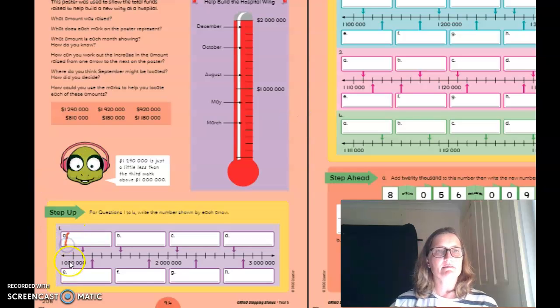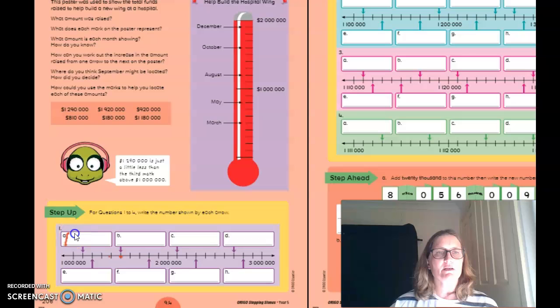So this one, I've gone up 1, 2, 3, 4, 5, 6, 7, 8, 9, 10. Okay, so there are 10 spaces. This is broken into 10 parts. So I can straight away work out where each of my arrows go. So I'm starting at 1 million.